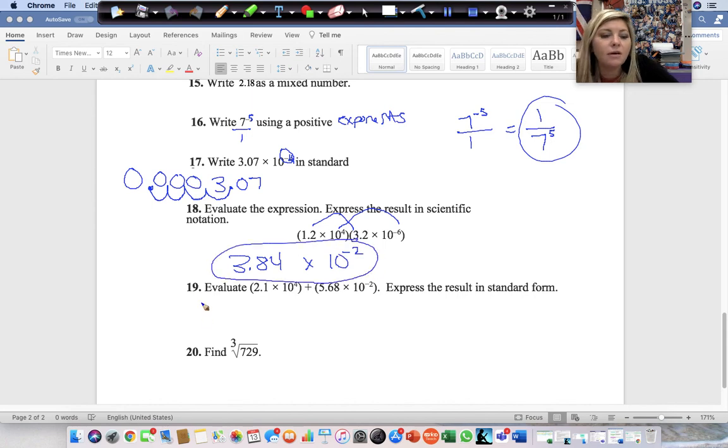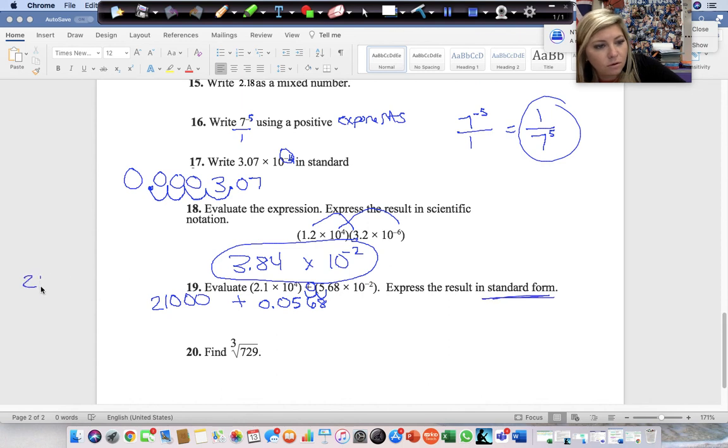Go us. Okay, so evaluate the next one is 2 and 1/10 times 10 to the 4th power. So we want to move this decimal 4 times. So we moved it once and then 1, 2, 3. So that's 4 altogether. So 1, 2, 3, and 4. And we are adding that to 5 and 68 hundredths times 10 to the negative 2. So we have to move it back 1, 2. So 0.0568. Okay? And then we are adding those together and expressing it in standard form.